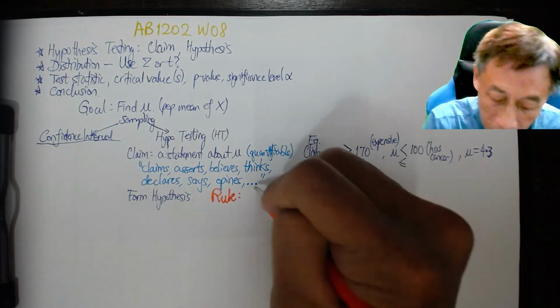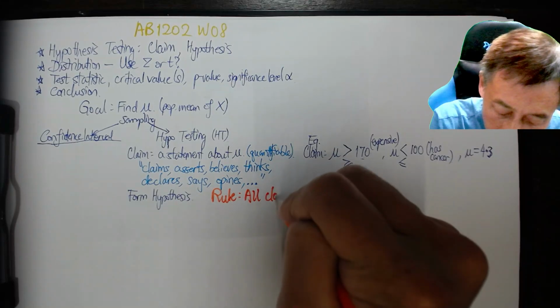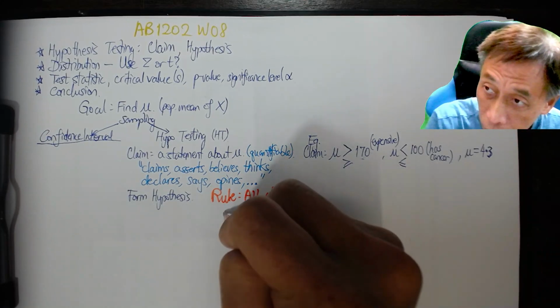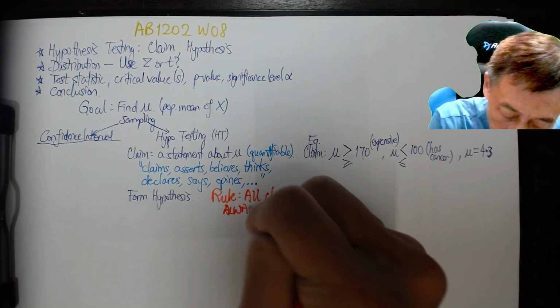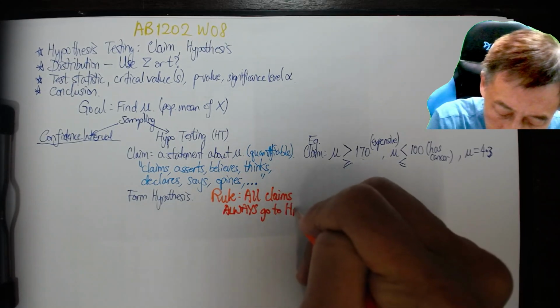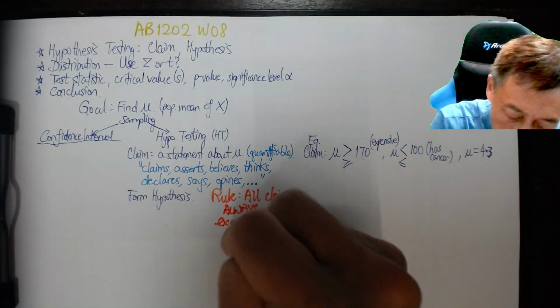The rule is that all the claim statements, all claims, go into H1, hypothesis, alternative hypothesis, right? Except, there's only one exception.